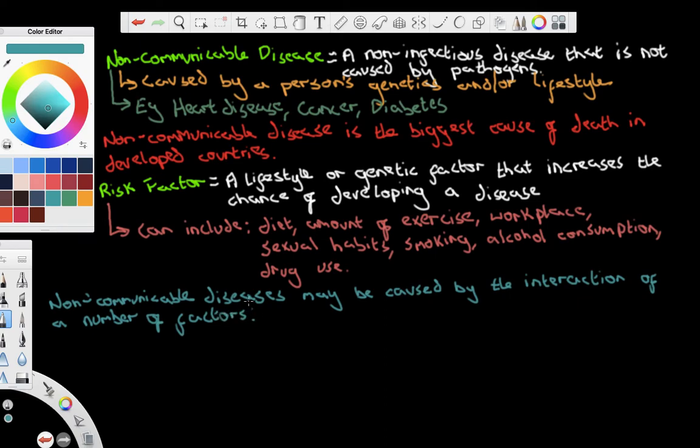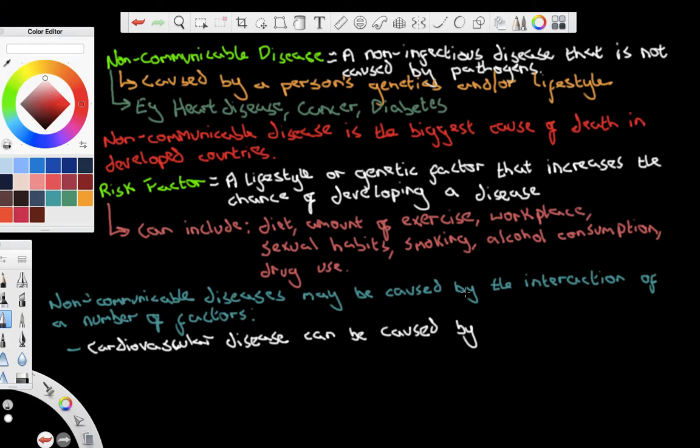Some examples can include, so we can have the first example being that cardiovascular disease might be caused or can be caused by diet, age, genetics, and exercise.